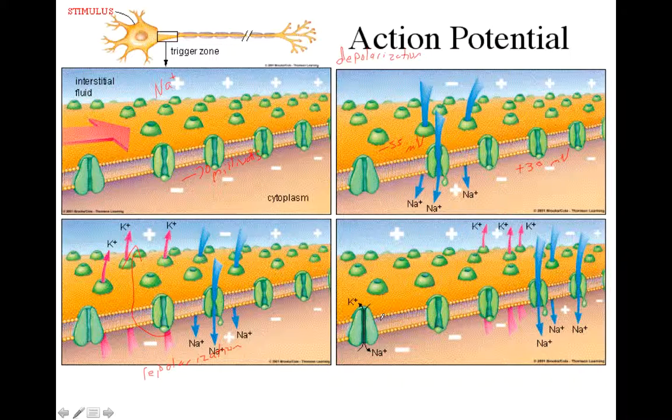Eventually, we need to reset this membrane entirely, and that happens with something called a sodium-potassium pump. The sodium-potassium pump will reset that, and it has to do it through active transport.